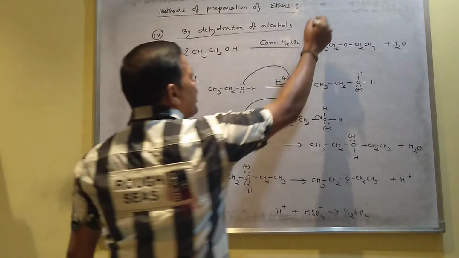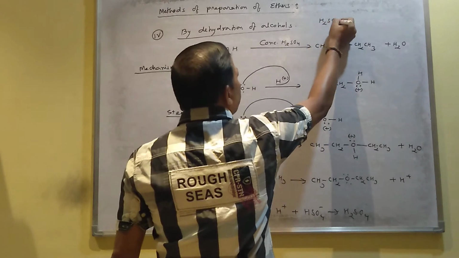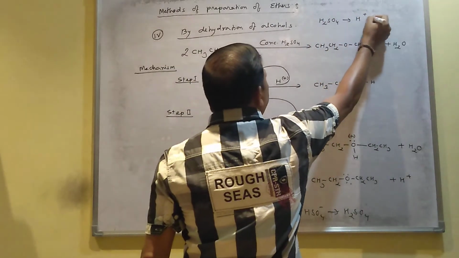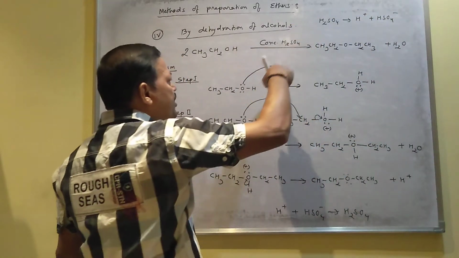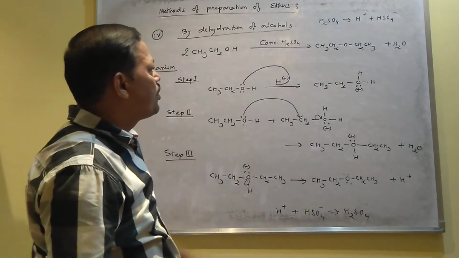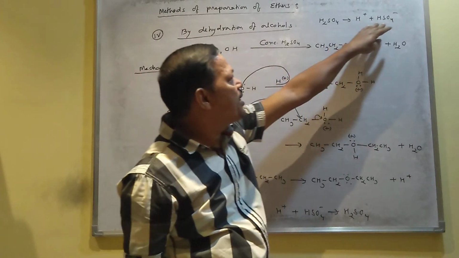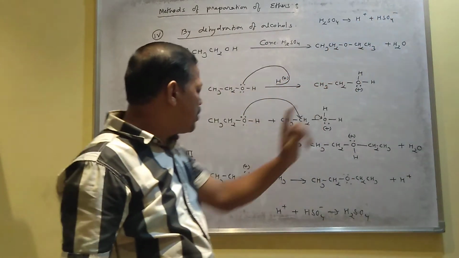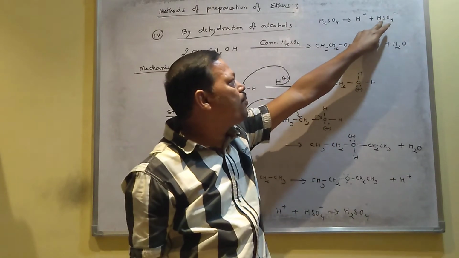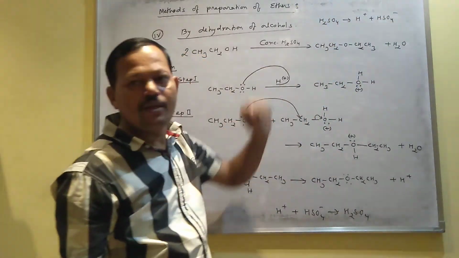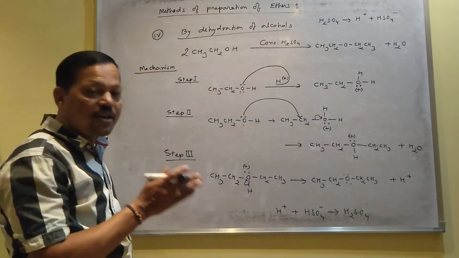Initially sulfuric acid breaks like this: H plus and HSO4 minus. Since the H plus ion is introduced in the first step, now the sulfuric acid remains as HSO4 minus. So in the third step H plus is again released, and that H plus combines with HSO4 minus to produce sulfuric acid, and this is the function of a catalyst.